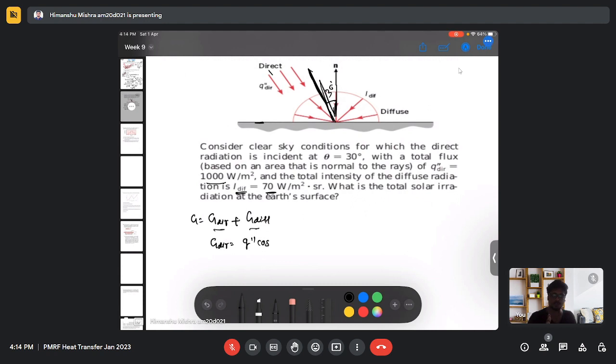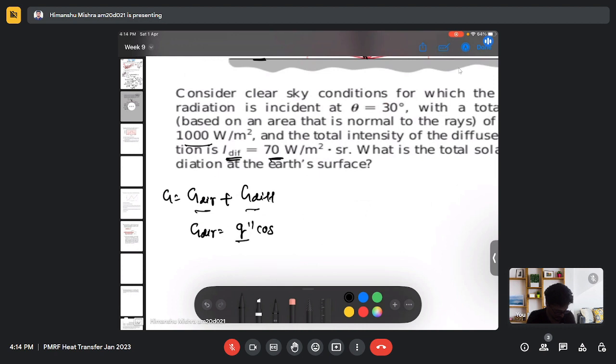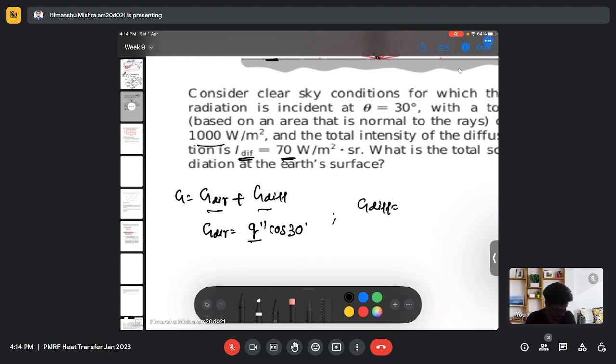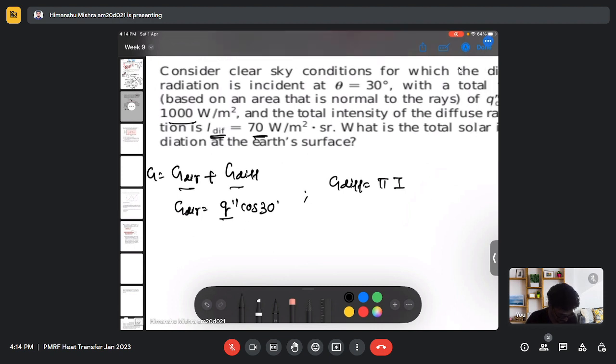So my irradiation due to the direct nature will be heat flux multiplied by cos 30, and due to diffusivity I can write simply pi multiplied by the intensity, I diff.